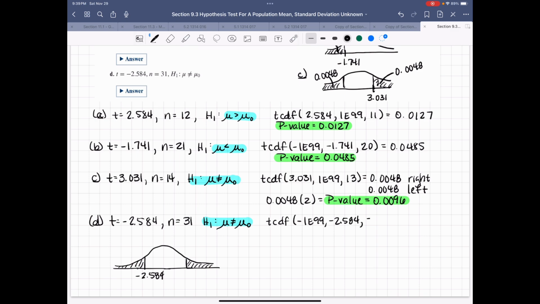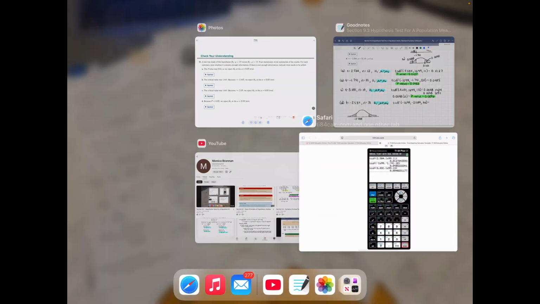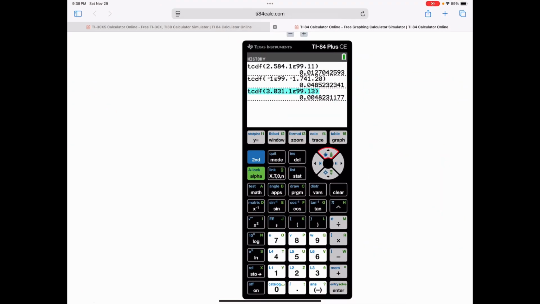My degrees of freedom will be 30. That's going to give me a left value of, I'm going to pop the second one right here. And we said that was negative 2.584, and that was 30.